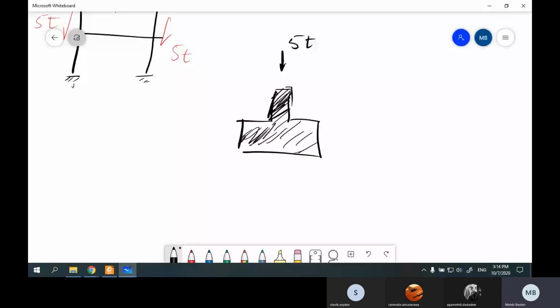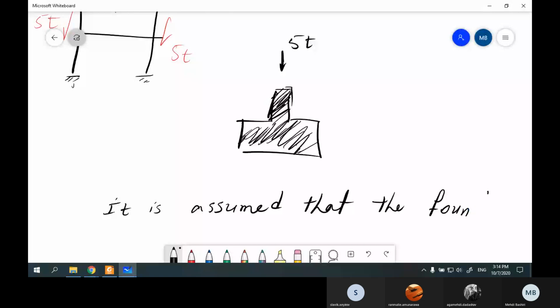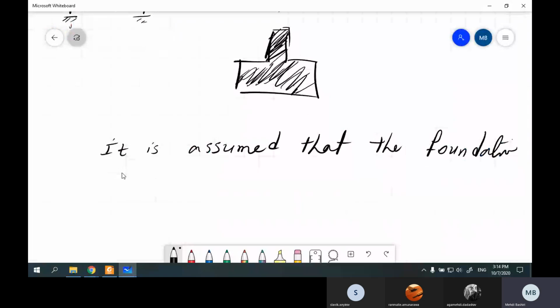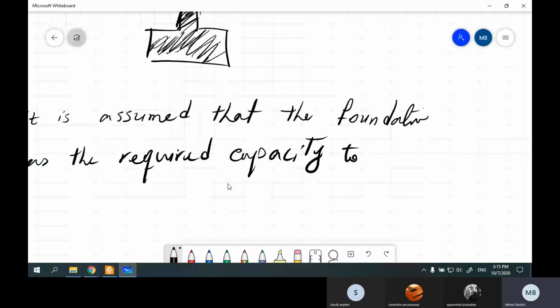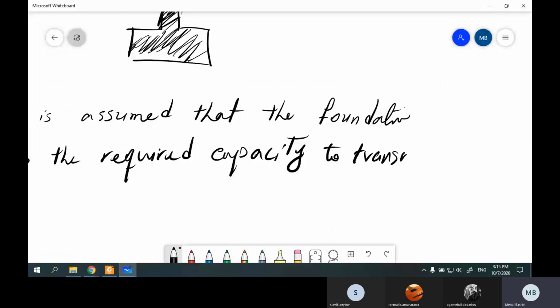It is assumed that the foundation has the required capacity to transmit the load.